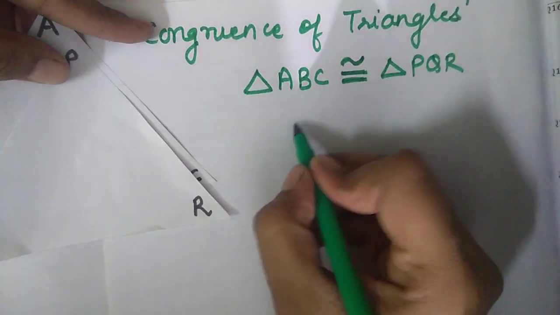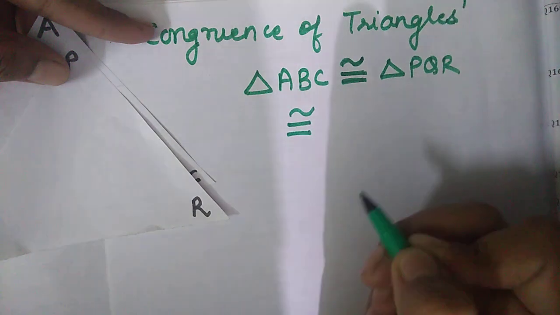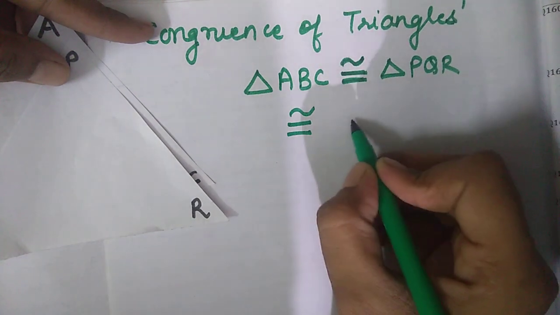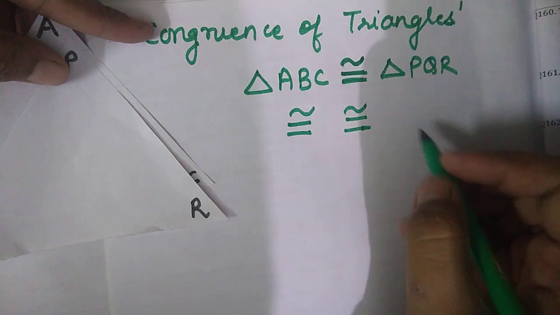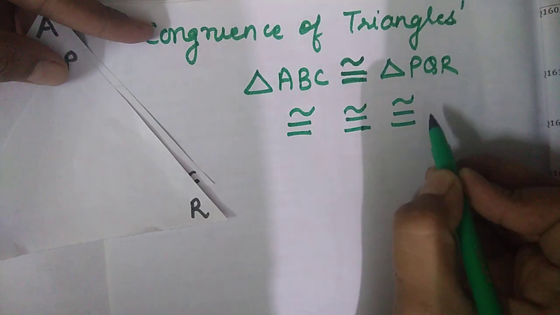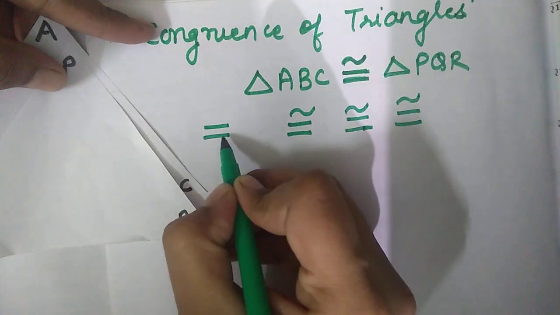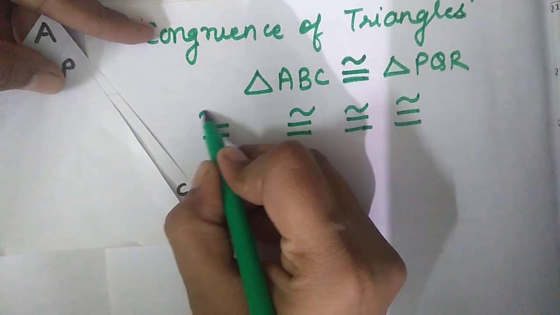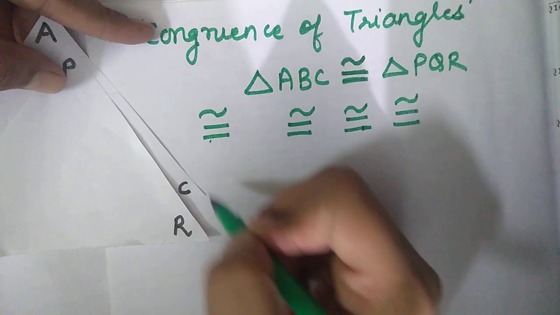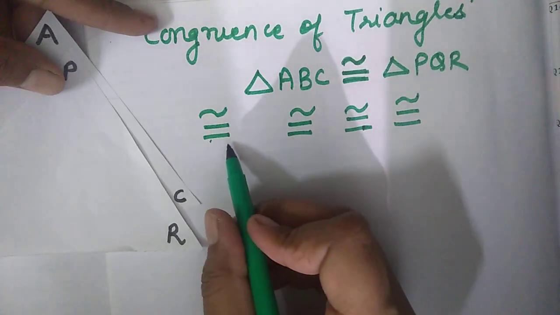This is the sign of congruence. Just as this is the sign of equality, that is equation, this other one is the sign of congruent.